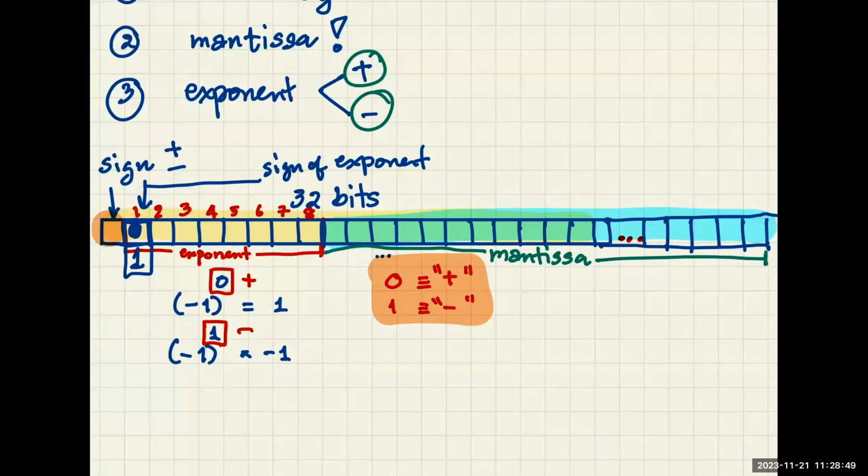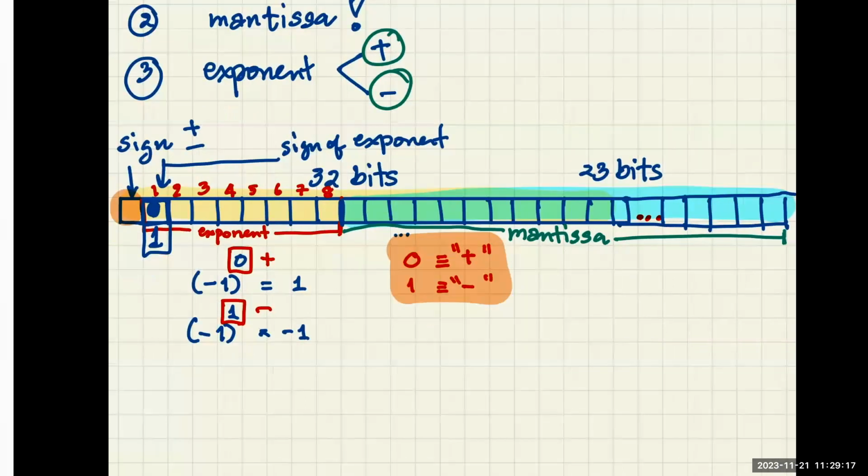The normalized mantissa means the first digit after the binary point. So you store it in these 23 bits. 23 plus 8 is 31, and 31 plus 1, which is the sign, gives you 32 bits in total.